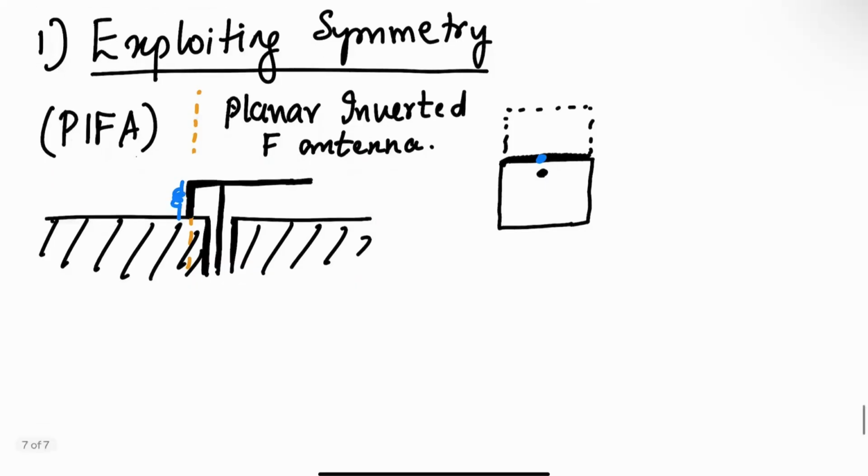That's what PIFA actually is. This is called an IFA, inverted F antenna, and you make it planar and that becomes a planar inverted F antenna. So if you just cut the patch and put a pin there, that's called IFA. And if you make the whole thing planar, then it's called a PIFA.